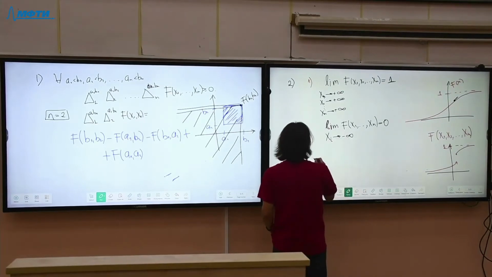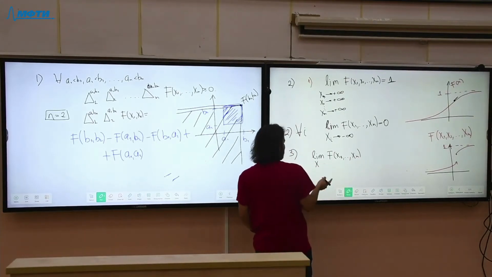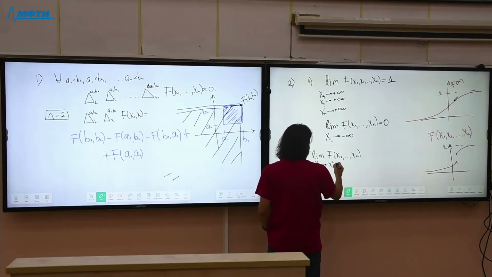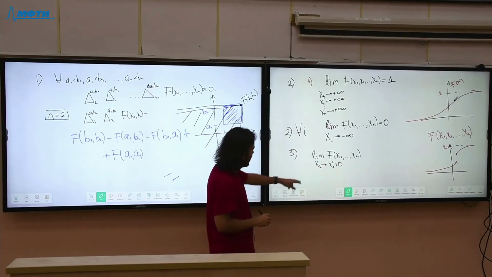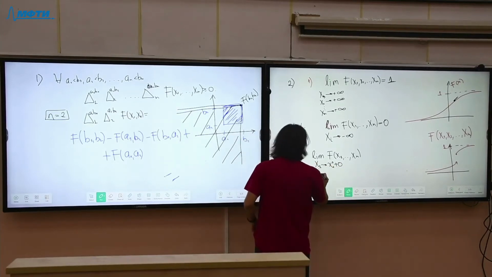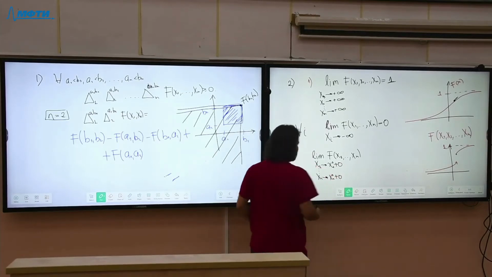So the limit of this function, when each of these variables tends to some number from the right, right? So x1 tends to x10 from the right, and xn tends to xn0 from the right.